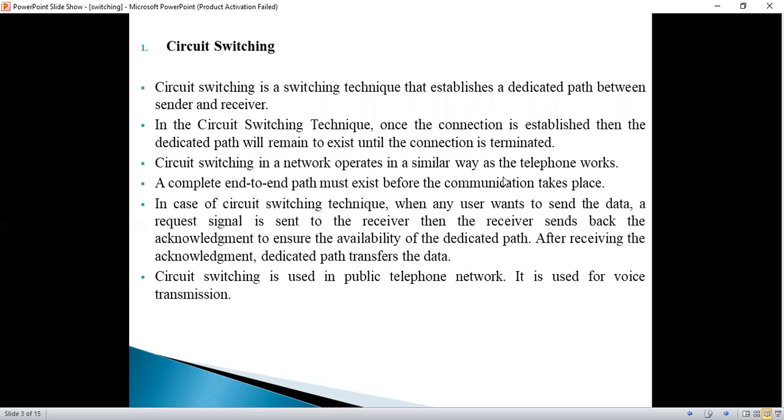They are shared in such a way that the data that needs to be transmitted is divided into packets. Your data is divided into packets and transmitted through different paths through the packet switching technique. So the difference is: in circuit switching we have a dedicated path and in packet switching we have a shared path, right? So this is the difference.